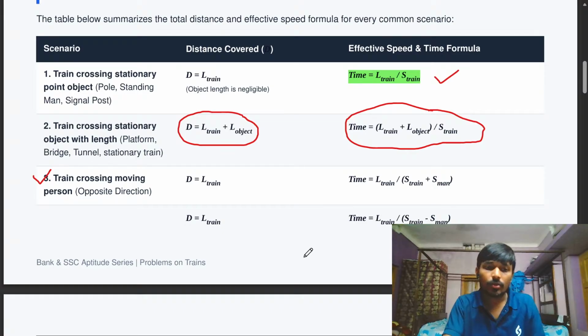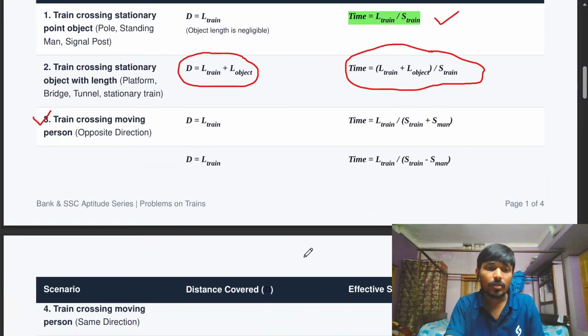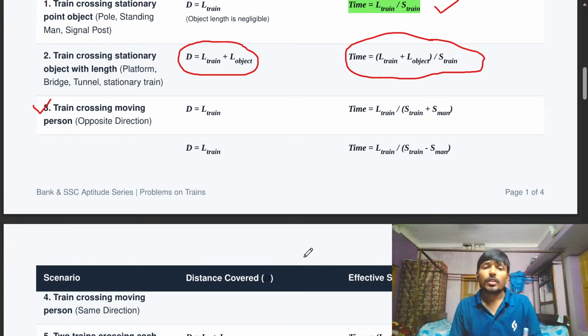So in this case, distance covered equals the length of the train because this length is negligible. A person, or a living being, the length of this thing is negligible.